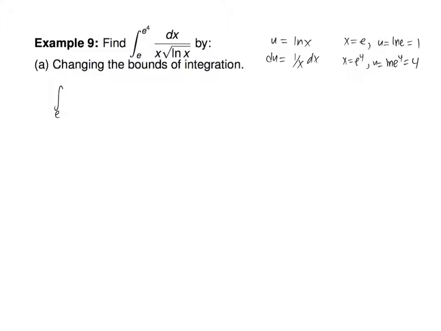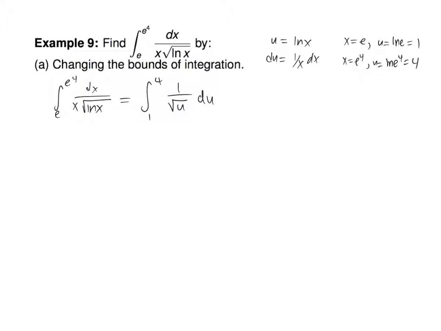So this integral is equal to the integral from 1 to 4, 1 over root u du. What this says is the area under the first curve from e to the 4th is the same as the area under the second curve from 1 to 4.